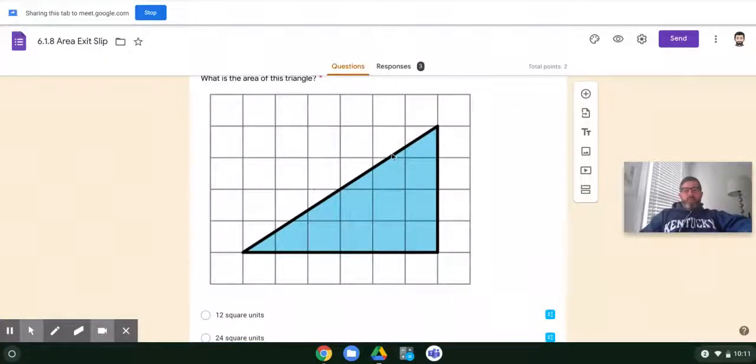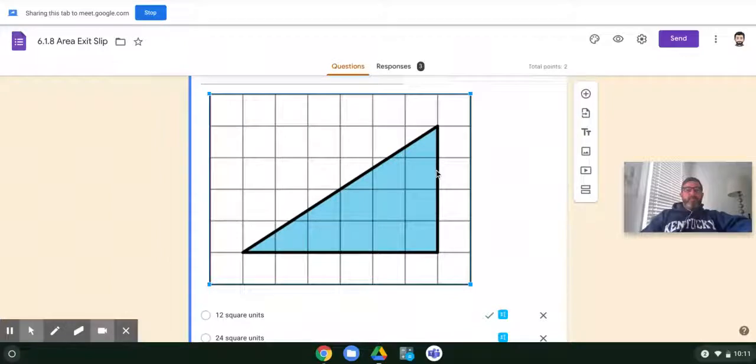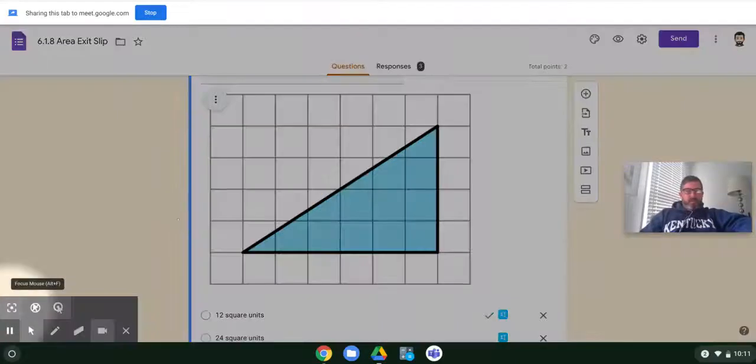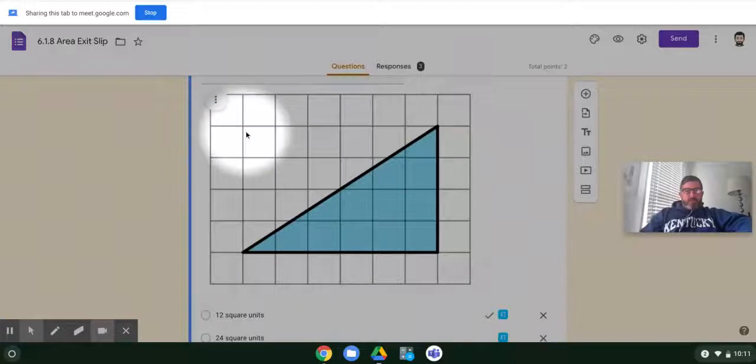So if we were to make an exact copy of this, we would then flip it around and create a parallelogram. So that would give us, let me see if this will maybe help. So our parallelogram would be shaped something like this. I hope you can see that okay. By see that, I mean in your head.